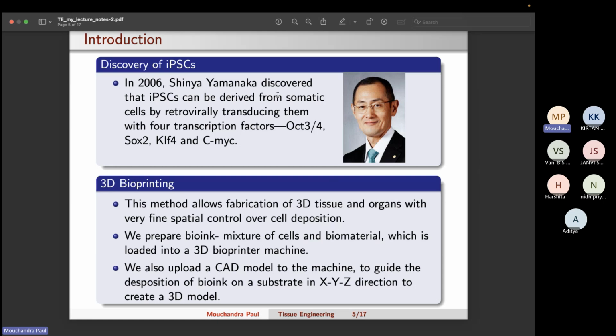So they are combined by this 3D bioprinter machine, and we make something called a bioink, which is loaded into that machine. So that bioink moves in XYZ direction to deposit the material in a layer by layer fashion so that you get a 3D model. All right.